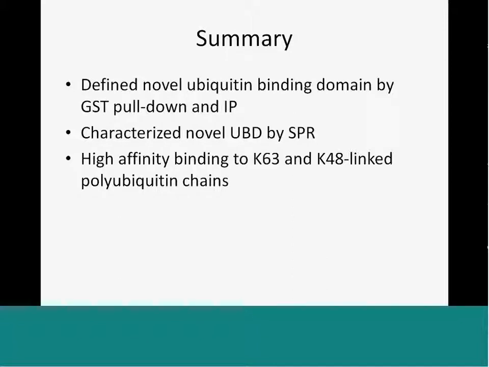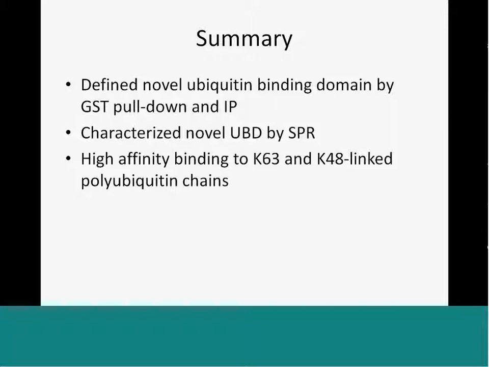So just to summarize, I think we've identified a novel binding domain. You can characterize these ubiquitin binding domains by several techniques. We use typical GST pull-downs with ubiquitin for immunoprecipitation of our protein, incubating with purified ubiquitin chain and detecting binding just by immunoblotting.